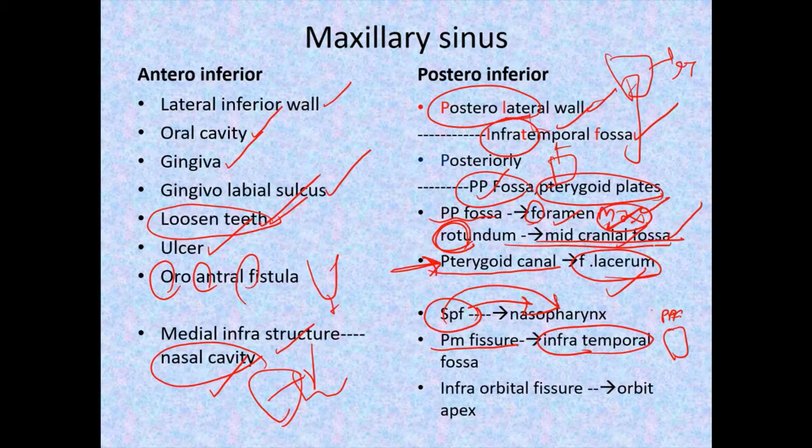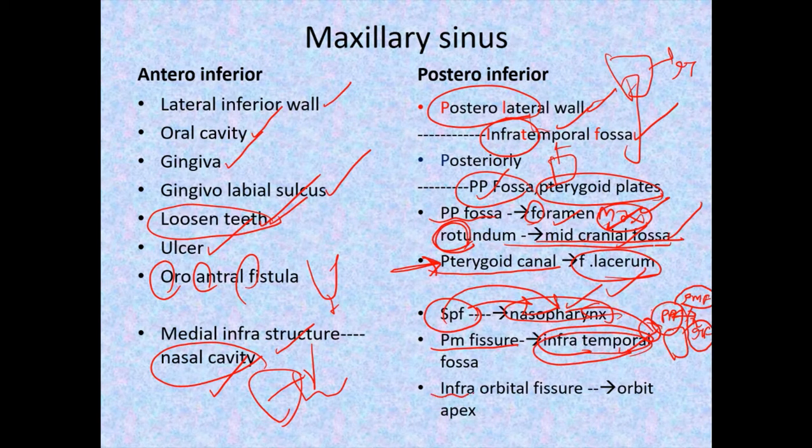Laterally, through the pterygomaxillary fissure, it goes towards the infratemporal fossa. Medially, through the sphenopalatine foramen, it reaches the nasopharynx.